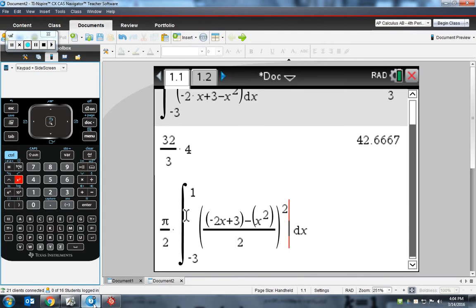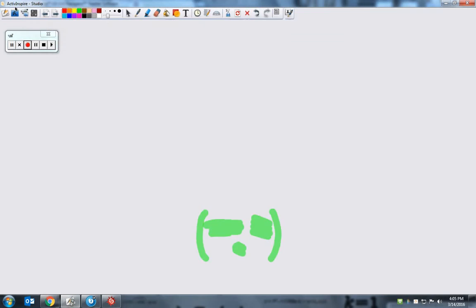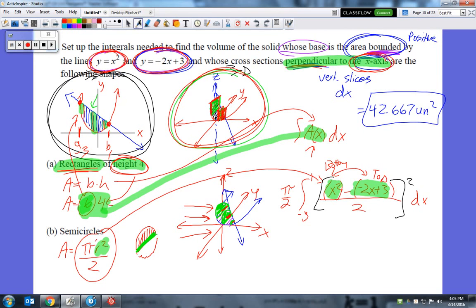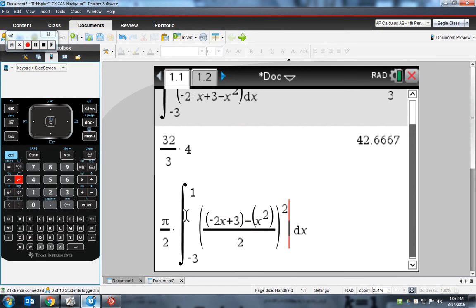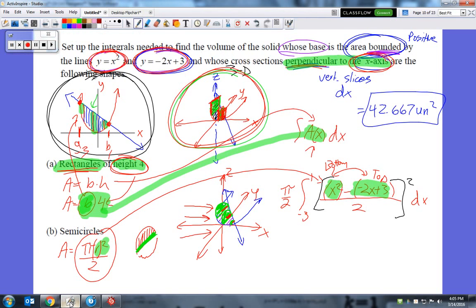So in summary, the hard part of this example was figuring out that this minus this gave me the diameter, so that when I divide it by 2, I have r right here. And r, going back to the easy equation I was starting off with, would be right here. So r squared, constant multiple rule, control enter, and my answer is 13.404.